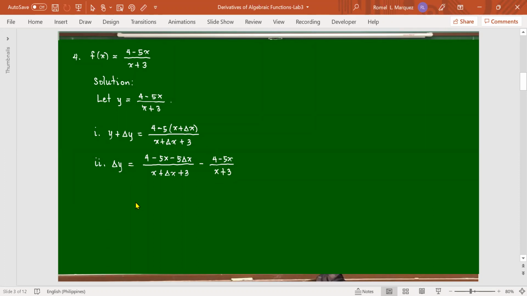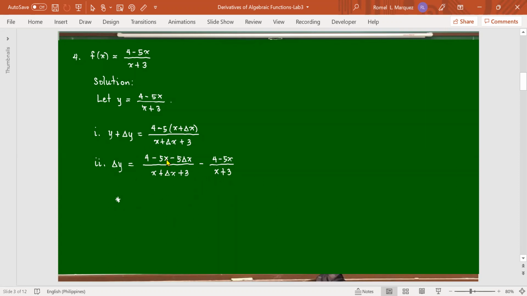Let's simplify this by combining these two fractions into a single fraction. I'm going to multiply this by this. This is the LCD, no? x plus delta x plus 3 multiplied by x plus 3.